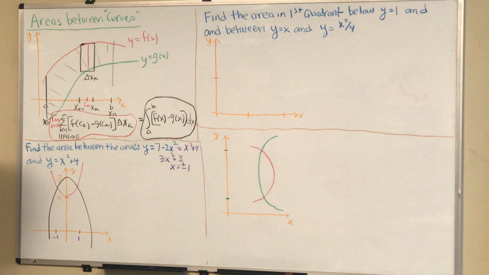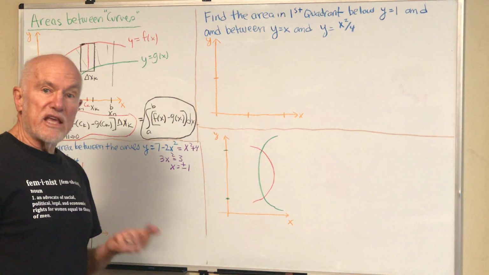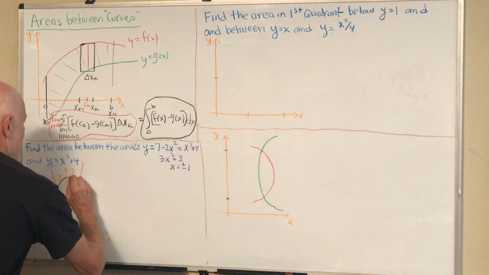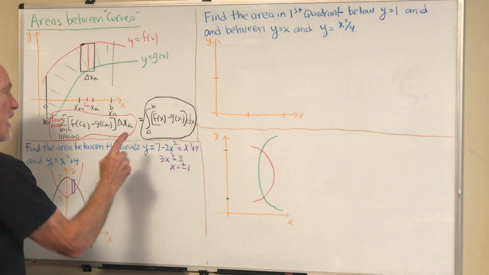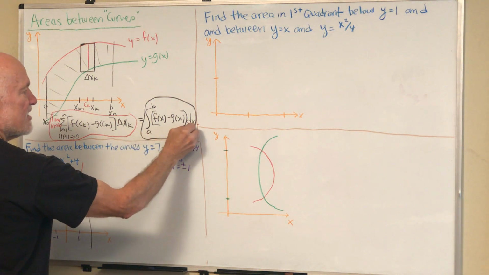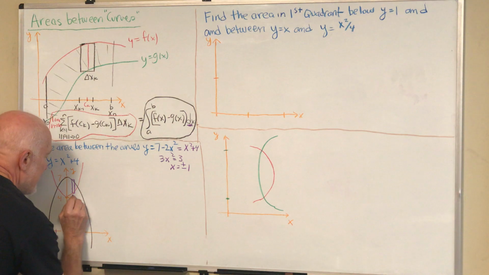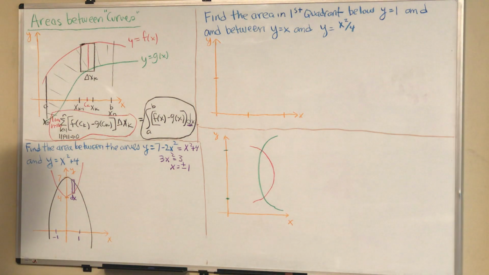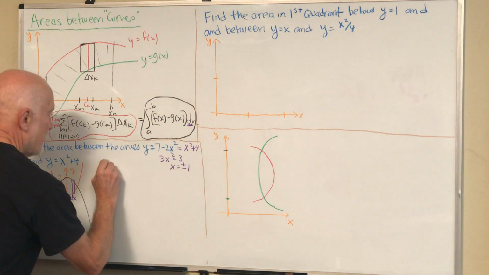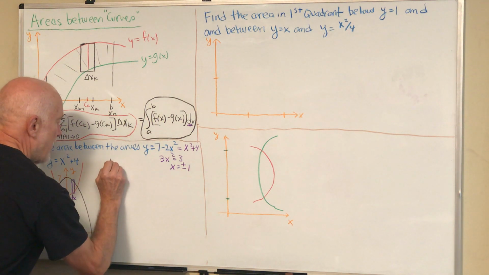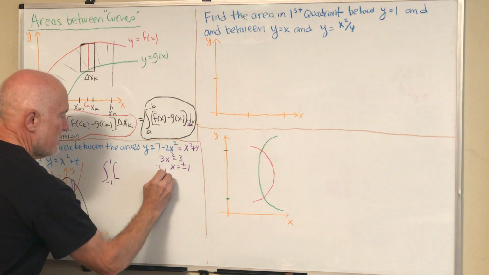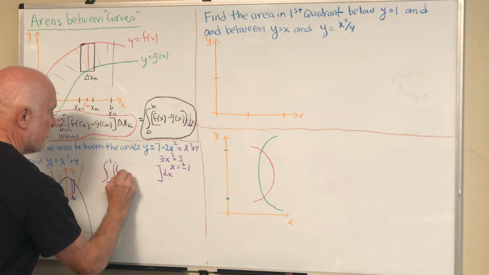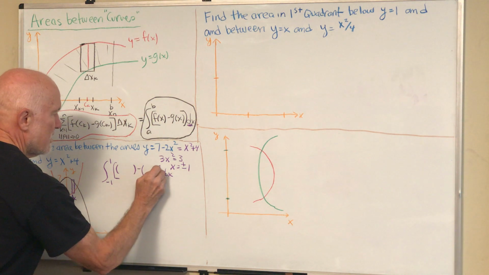Now, I think it's a really good idea to draw in your rectangle. So I'm going to make that little rectangle, and this width is going to be represented by dx, and I would write it right down, and then we're going to just use this formula. It's the integral from -1 to 1 of f of x minus g of x dx.